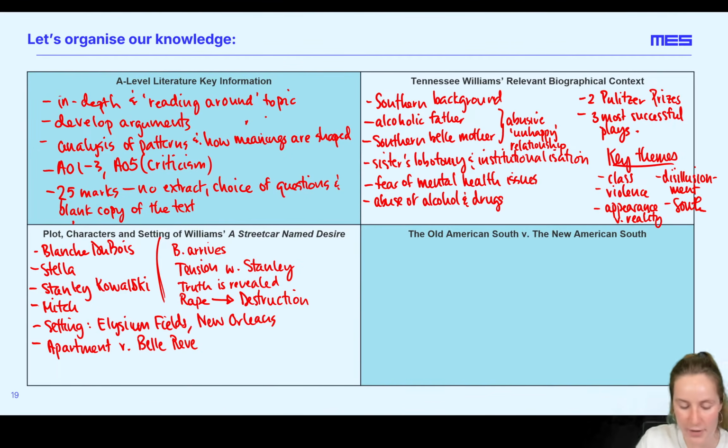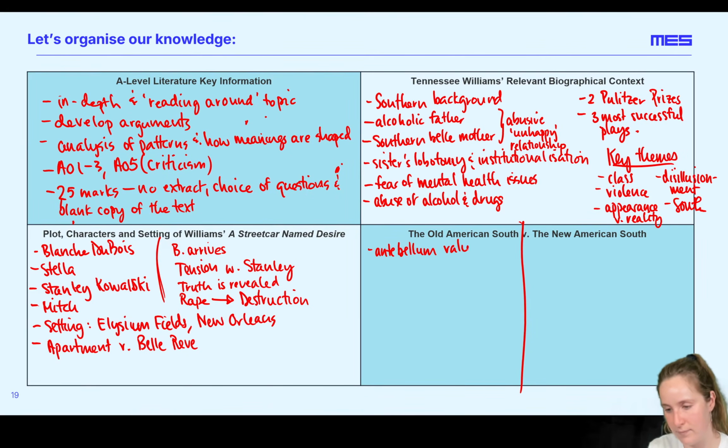Then for the Old South versus the New South, let's make this like a T-chart. Here we've got antebellum values. We've got nostalgia for the pre-Civil War era. We've got this Southern aristocracy.